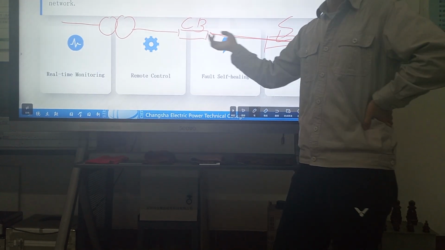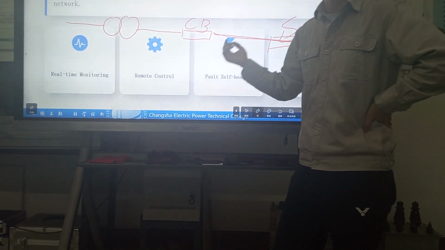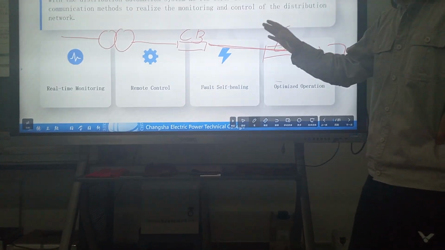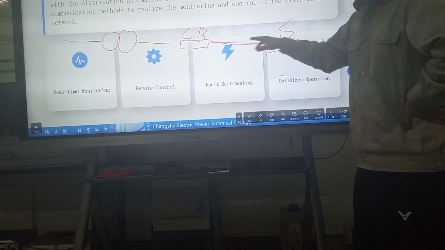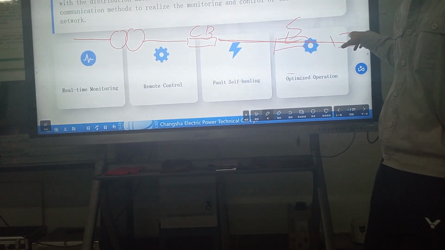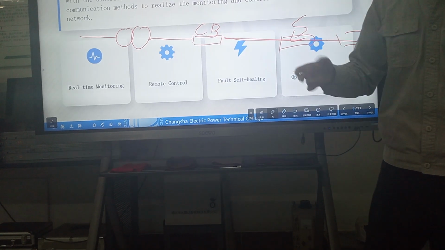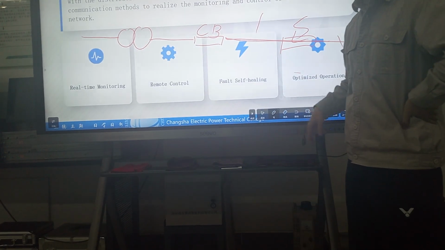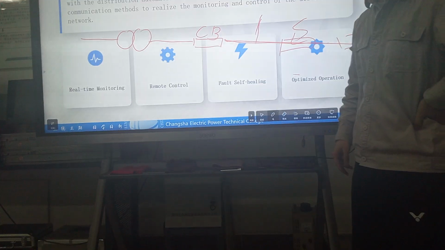This is one outgoing line. I simply put just one main string of this, right? But usually it has some branches, right?